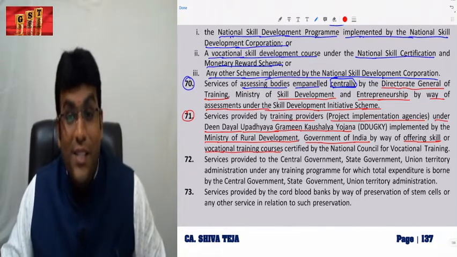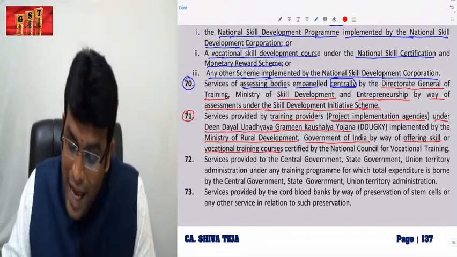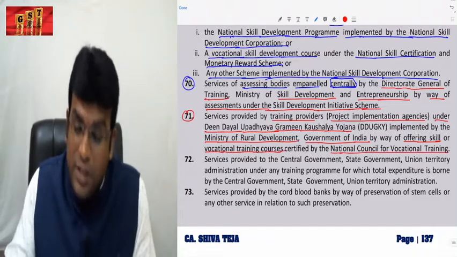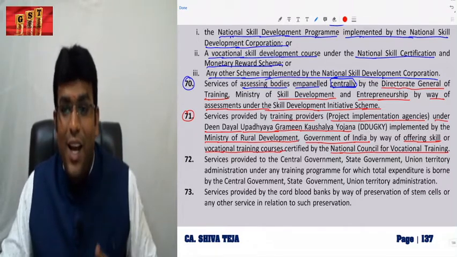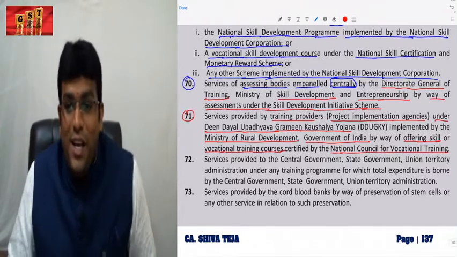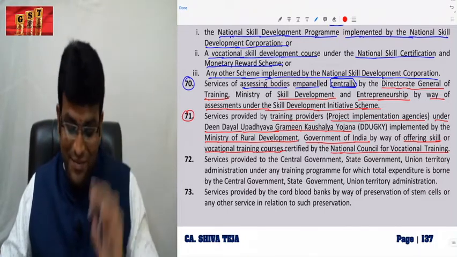By way of offering skill or vocational training courses certified by National Council for Vocational Training. I repeat one more time, friends. By way of offering skill or vocational training course certified by National Council for Vocational Training.